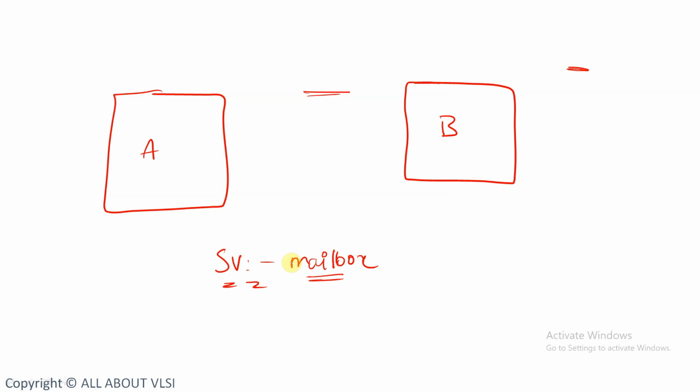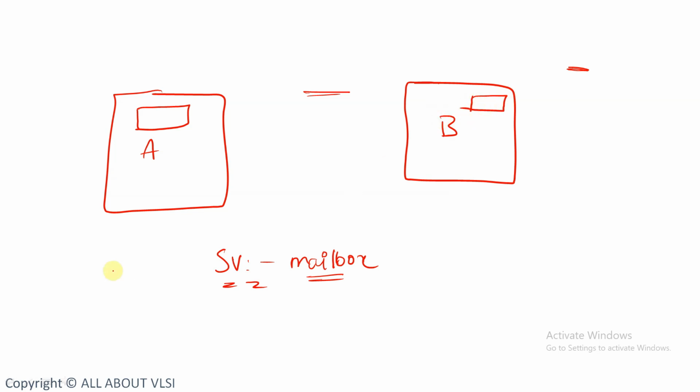Now, if I want to use this mailbox concept in SV between these two components, what is the procedure I need to follow? I should first declare the mailbox handle in component A, and I should also declare the mailbox handle in component B. This is necessary.